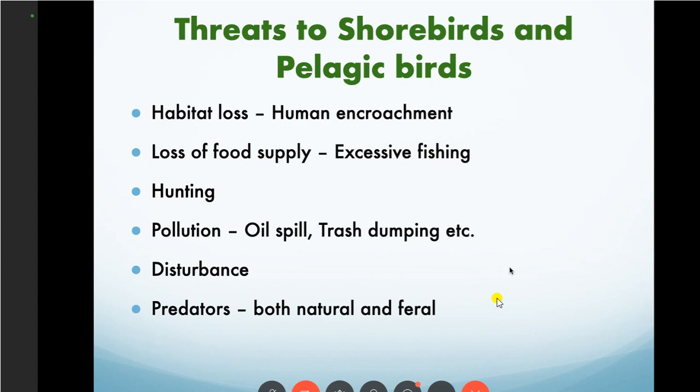Another problem is the feral population we might introduce on these breeding islands, like cats and some rodents, which is a very high possibility. If they go on these islands and start feeding on the eggs, it will be a disaster. And obviously the last thing is climate change, and we all are suffering the brunt of that, and we all know what that is, and we all have to work together to address it.